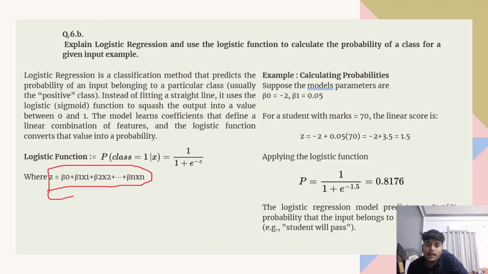Suppose the model parameters are beta 0 equals minus 2, beta 1 equals 0.05. For a student with marks 70, the linear score comes out to be 1.5. Applying the logistic function, the formula gives this answer. The logistic regression model predicts the probability that the input belongs to the positive class.